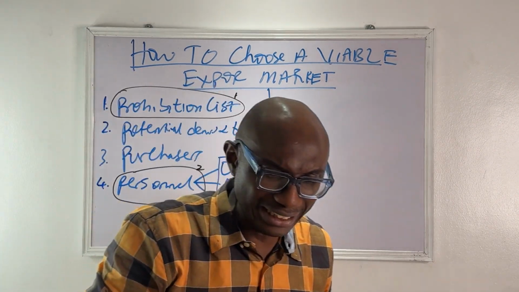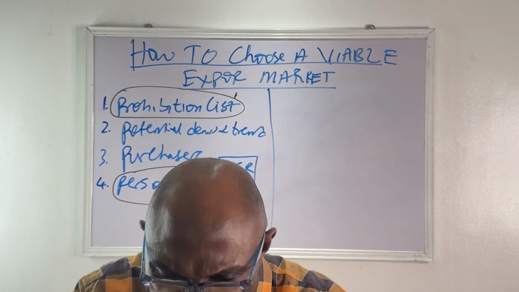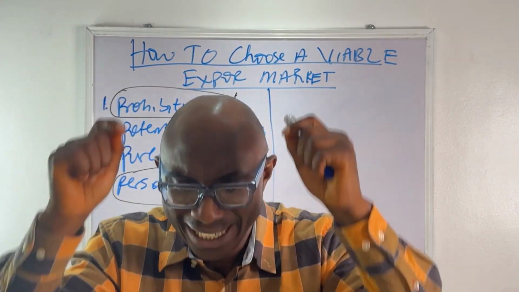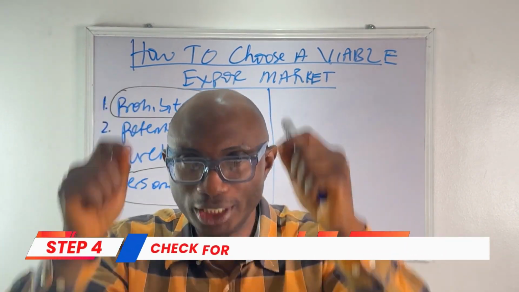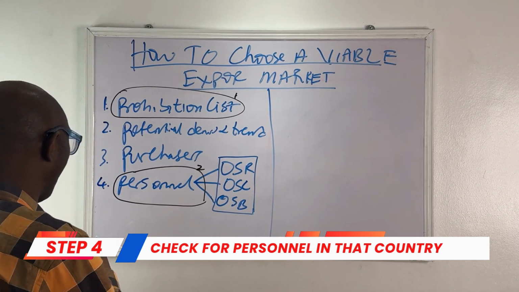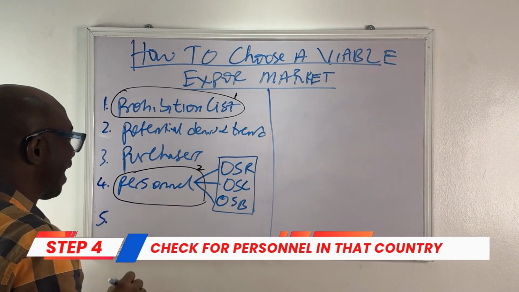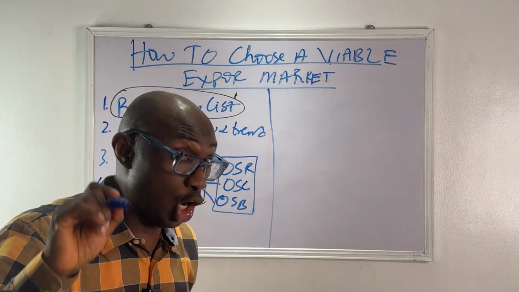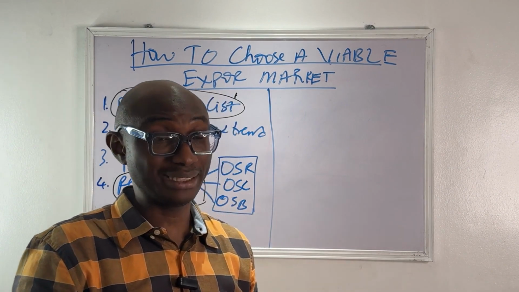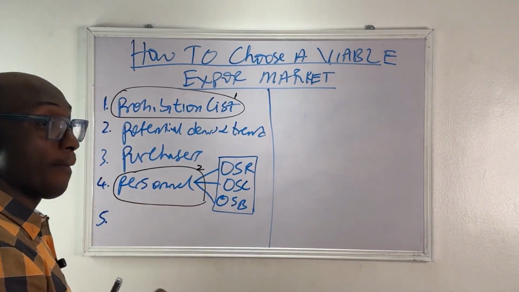The success and sustainability of your product in the export market is hinged on this. If you don't have a representative in the export market, you can likewise kill that market goodbye.